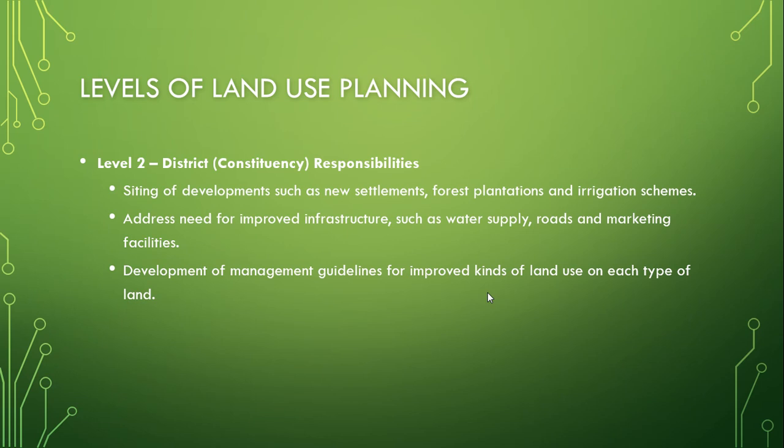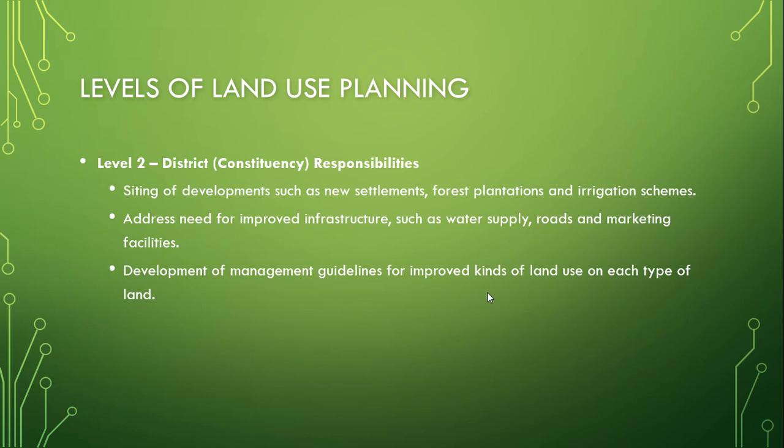Additionally, at this level, they would make decisions as to what types of modifications to the developments can occur. At the district level, they also address the need for improved infrastructure where necessary. For example, water supply, where the water supply needs to be expanded or improved, road networks, marketing facilities. These are decisions made at the district level.